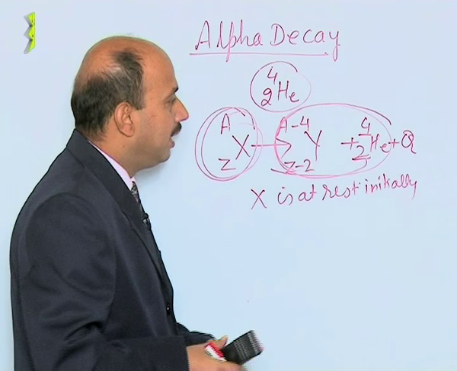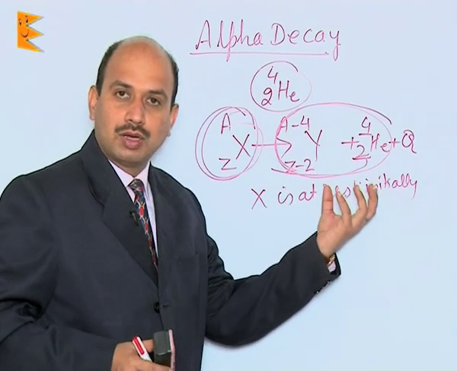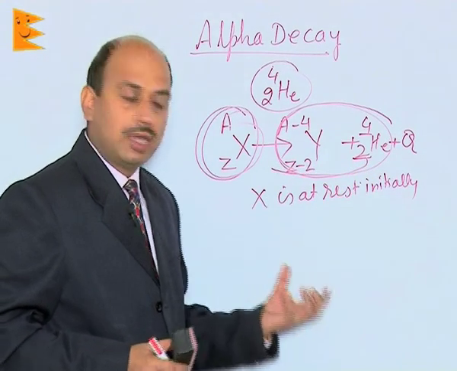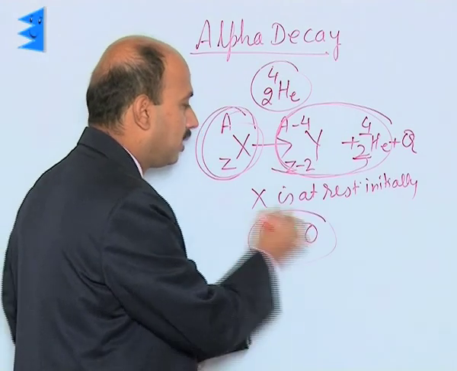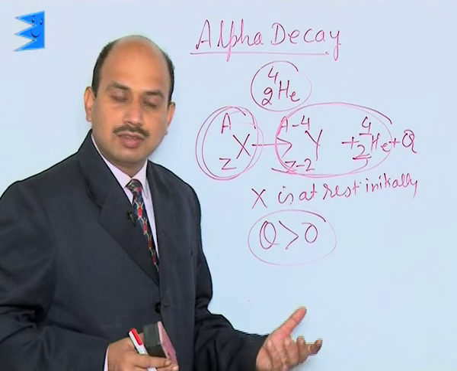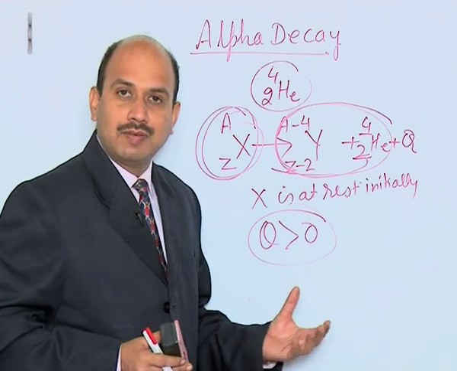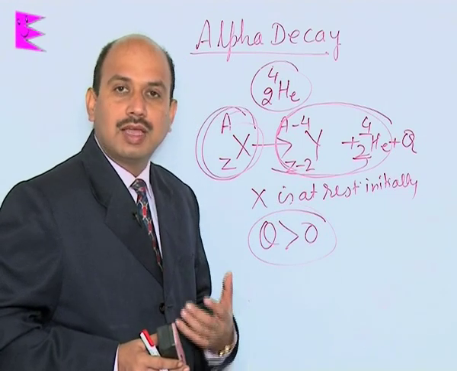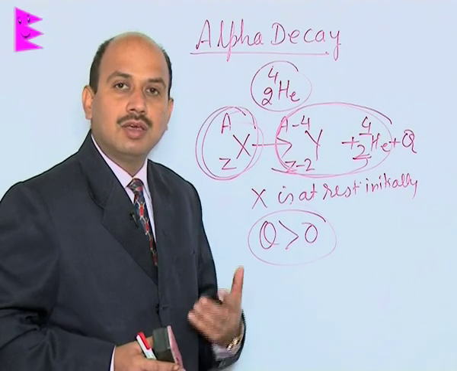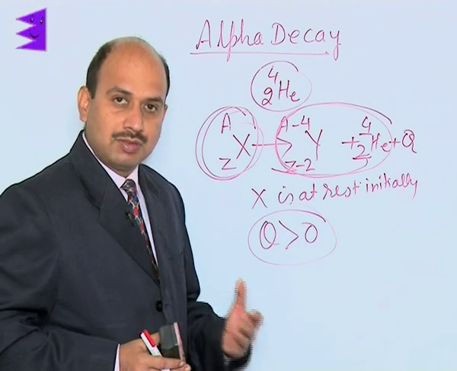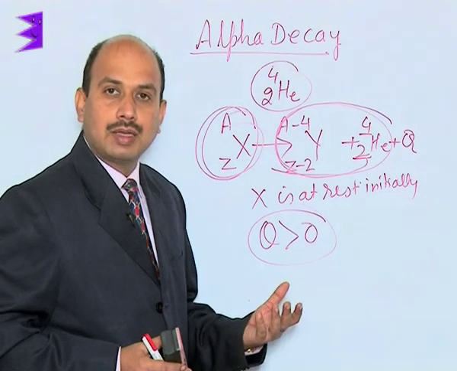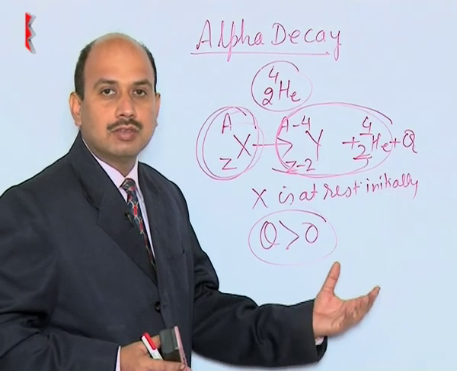So the kinetic energy of these two products is equal to Q, and Q should be greater than 0 if x is at rest. This is positive energy, which means the reaction is exothermic, energy is released. So the kinetic energy of the products, basically the kinetic energy of the alpha particle, can be calculated from this concept.